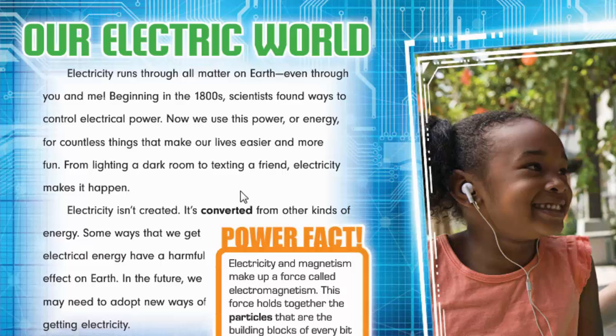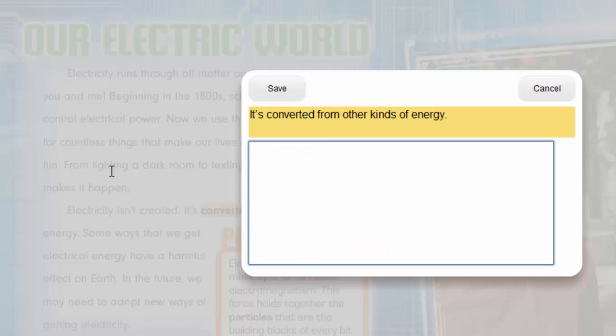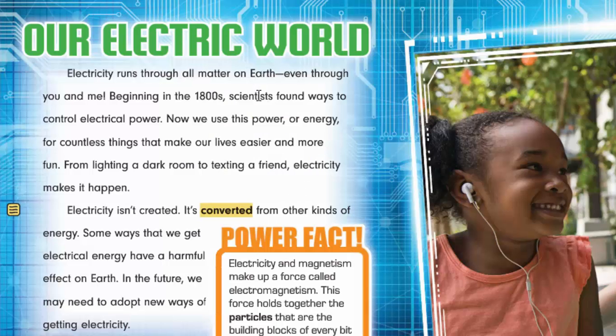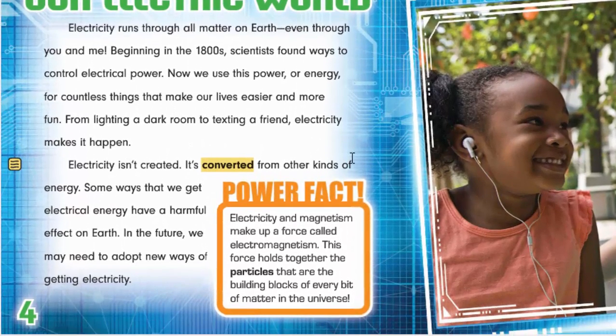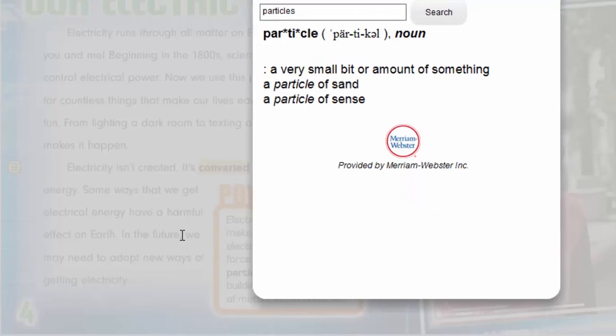Select a word by clicking on it and several options pop up. You can add a note and save. The word is now highlighted and a note icon appears on the page. To find out what a word means, select it and click on Dictionary.